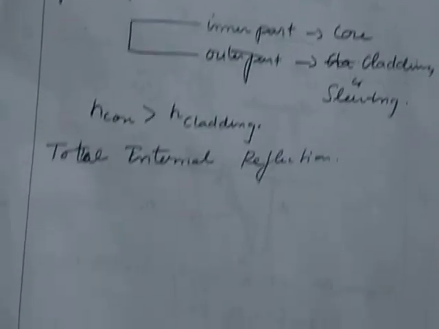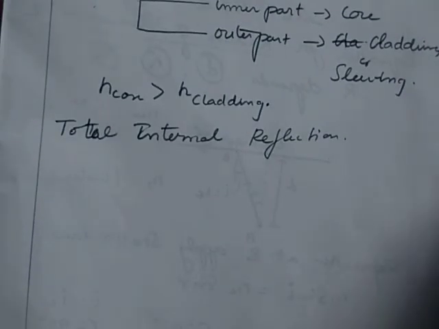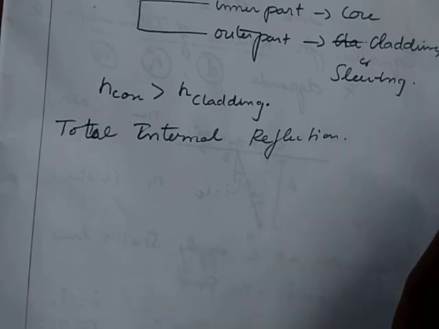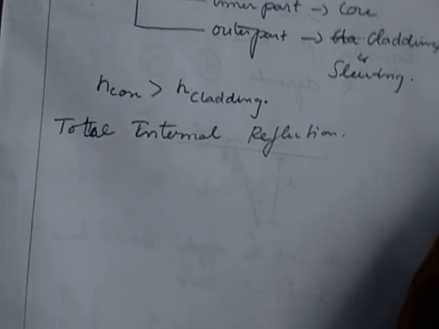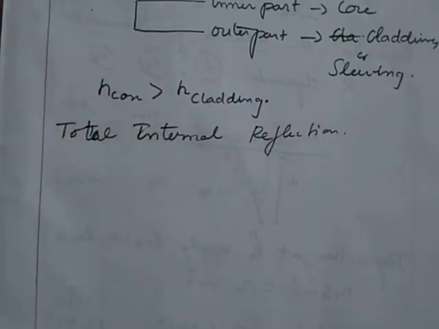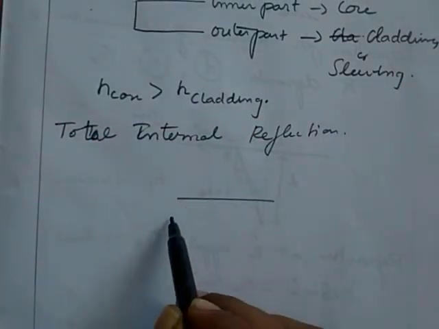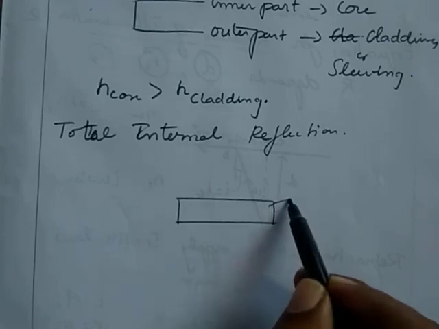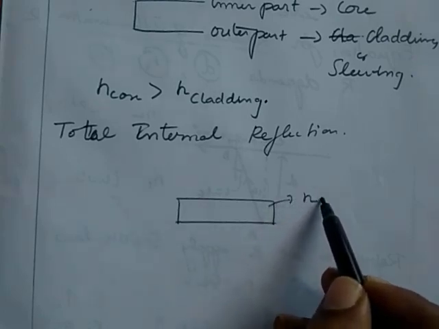Here suppose there is a transmitting signal that is made to be incident inside the core cladding interface. At an angle greater than the critical angle there will be total internal reflection of the signals. So for that there is no loss of signal. Here it is a core having the refractive index n or NC.